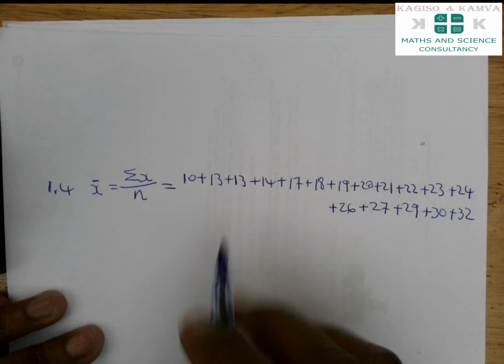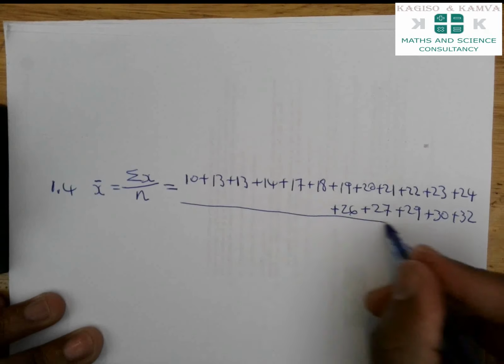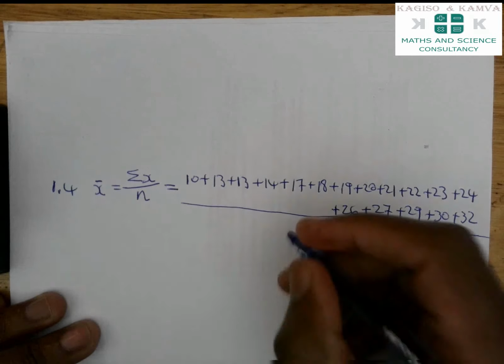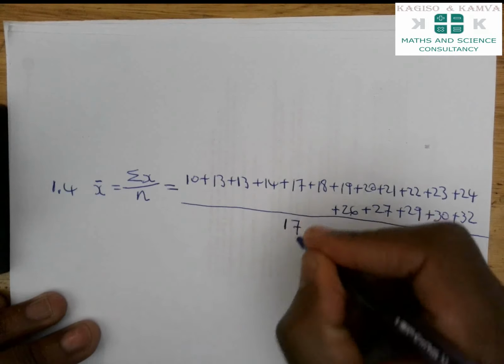Okay, all of these divided by n, and we know that n is equal to 17.